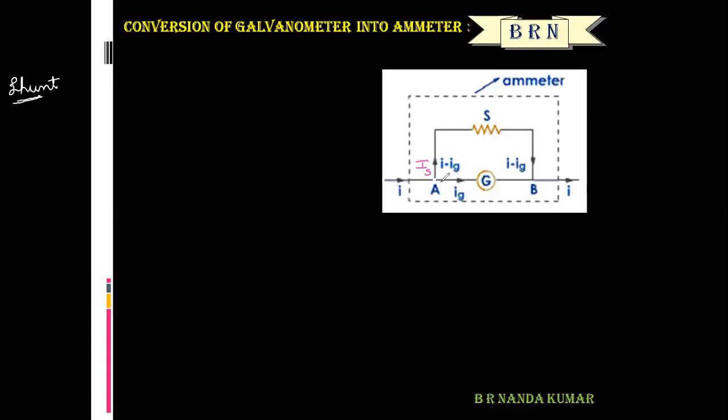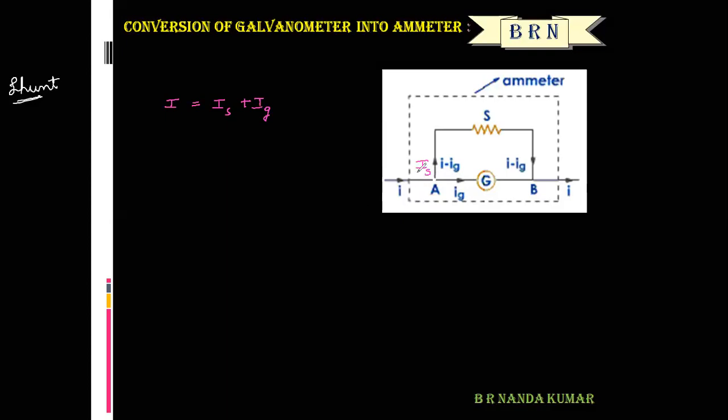According to Kirchhoff's current law, the sum of currents entering the junction is equal to the sum of currents leaving the junction. So here the main current I is equal to Is plus Ig.